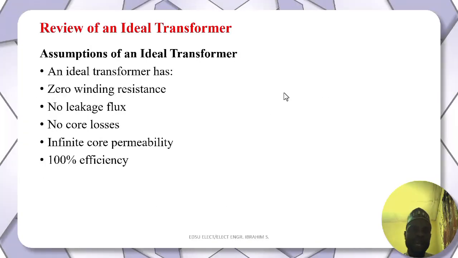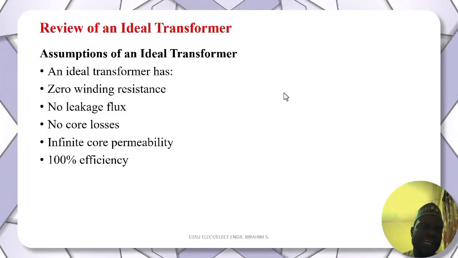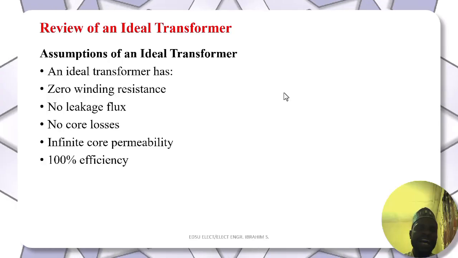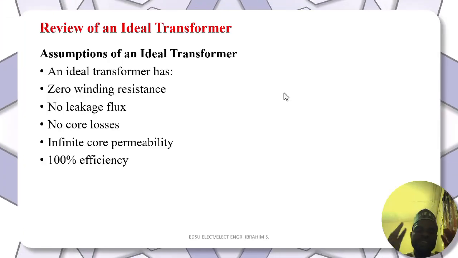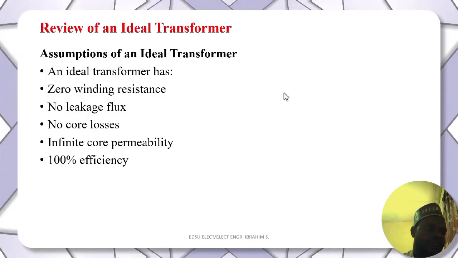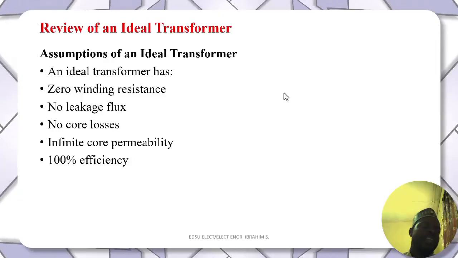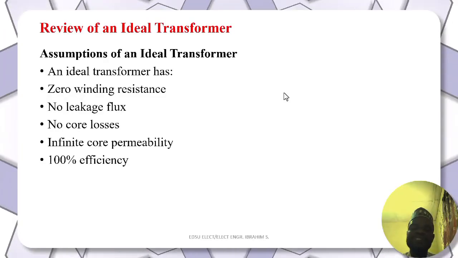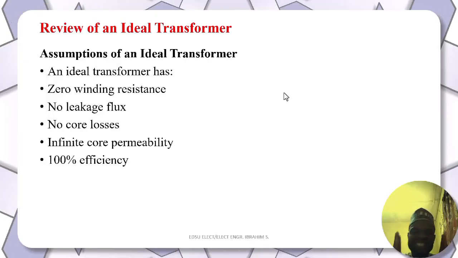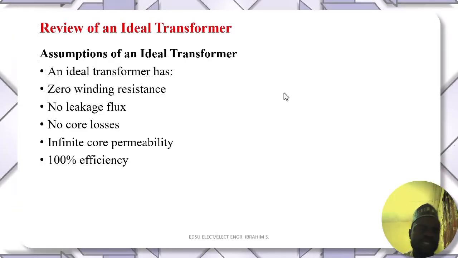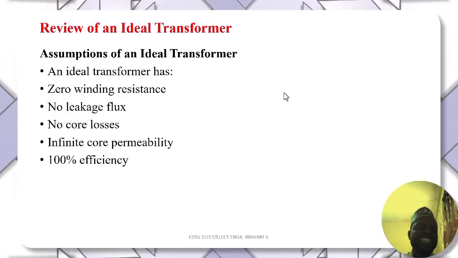Now, a review of an ideal transformer. The normal assumption we make about a transformer is that it has zero winding resistance, which is not possible. Those are just assumed when we want to make the situation very easy and more comfortable. But in reality, there must be winding resistance. So in the ideal situation, we assume there's no winding resistance, so zero winding resistance. And also in the ideal situation, we assume no leakage flux.